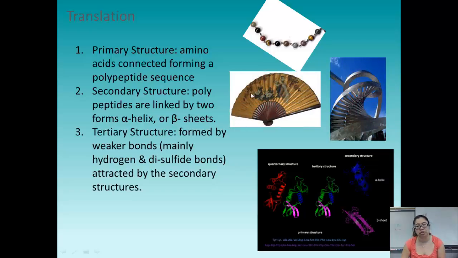So what are beta sheets? Beta sheets are basically like when you fold paper and you look at its side cross-section and it looks like a fan, up and down, just like this fan here. An alpha helix, if you're familiar with the structure of DNA, is a spiral form, just like this DNA structure mimicked here in this picture.